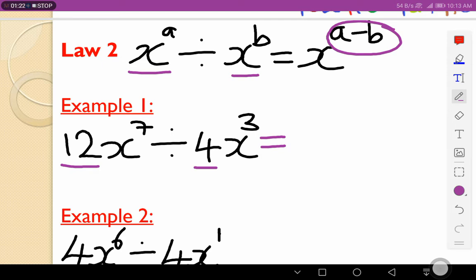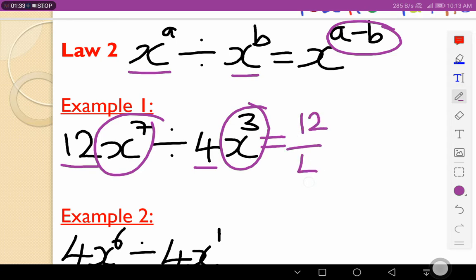They shouldn't confuse you. What we do is you take the numbers on their own and then you take these on their own. So I'll have 12 over 4 on its own. Then I have x to the power of 7 divided by x to the power of 3 on its own. I'll look at it in the same way as above.